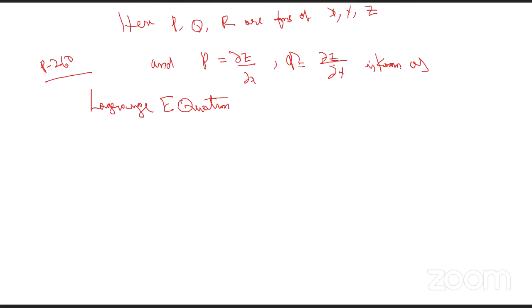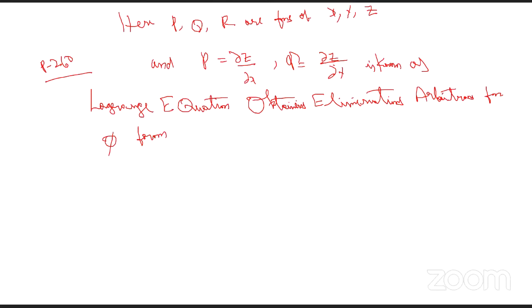Lagrange equations are obtained by eliminating the arbitrary function phi from phi of u comma v equal to 0.